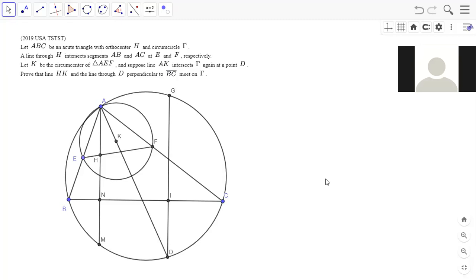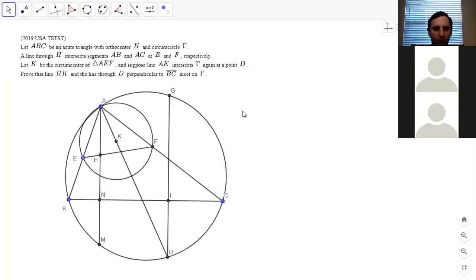Okay, so we deduce that G is the intersection of the line through D perpendicular to BC and circumcircle ABC, and we need to prove that H, K, G are collinear. So first, we will let the circumcircle EBH intersect the circumcircle CFH.